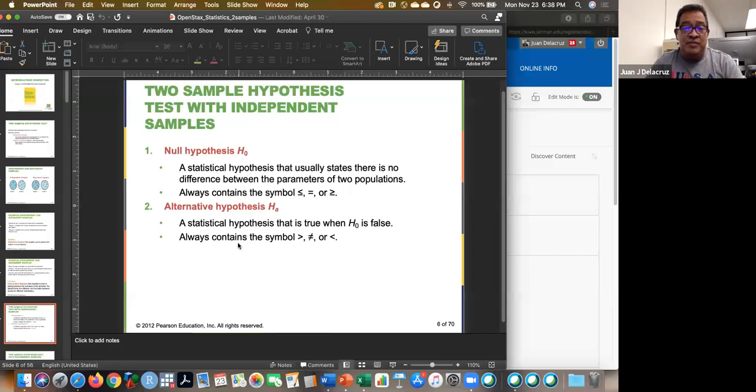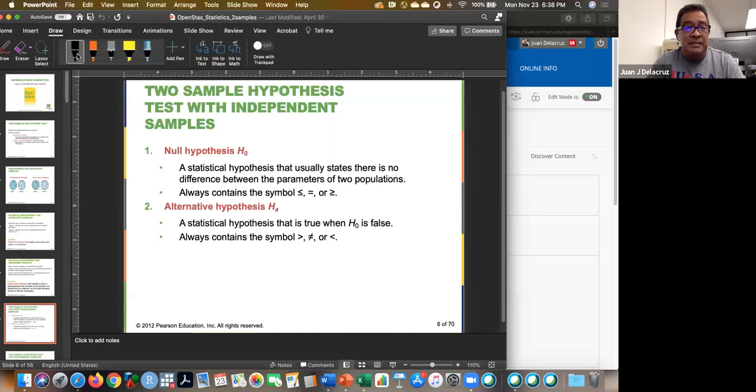In this case, it's going to be a little bit different because we have a null hypothesis and an alternative hypothesis, right? If mu is the parameter that I want to analyze, but I have two different mu's, it's going to be mu1 and mu2.